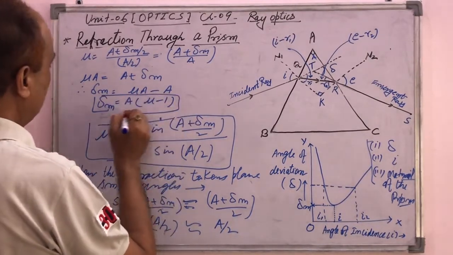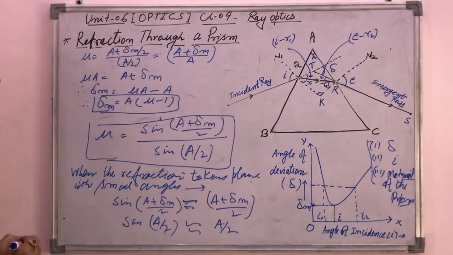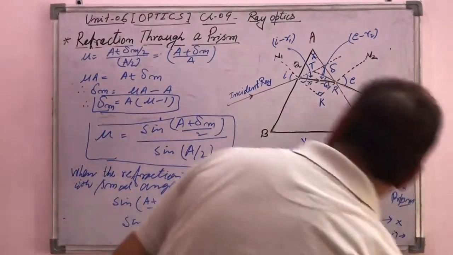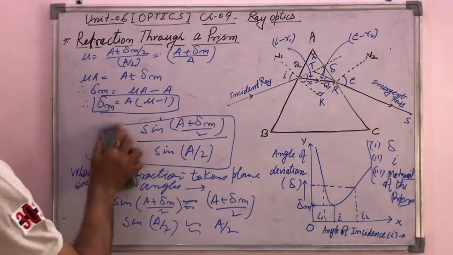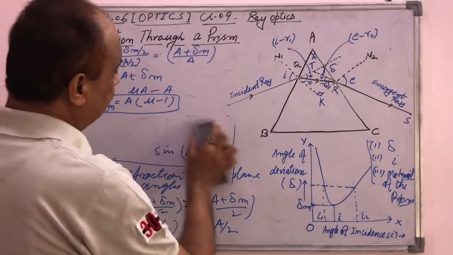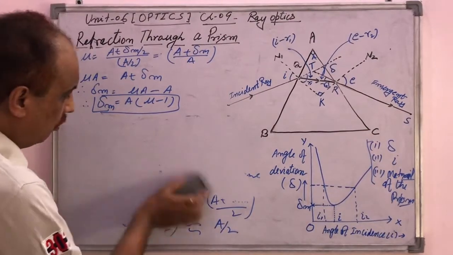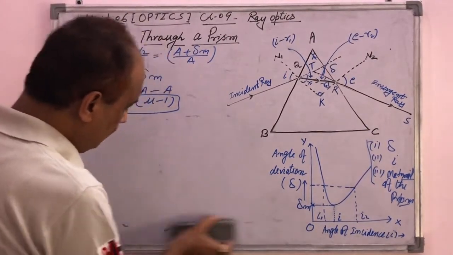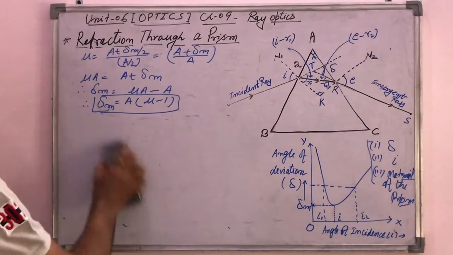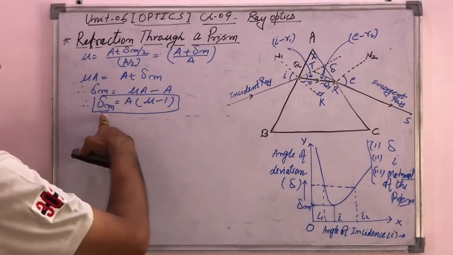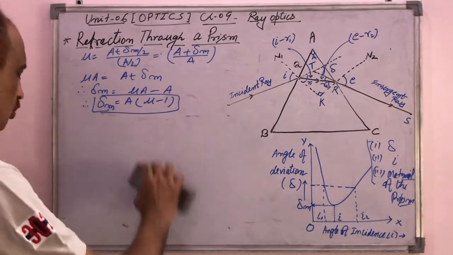So this is the condition for delta m: when the incident ray is incident on the prism at a small angle of incidence, the formula for the minimum angle of deviation delta m will be equal to A times (mu minus 1).